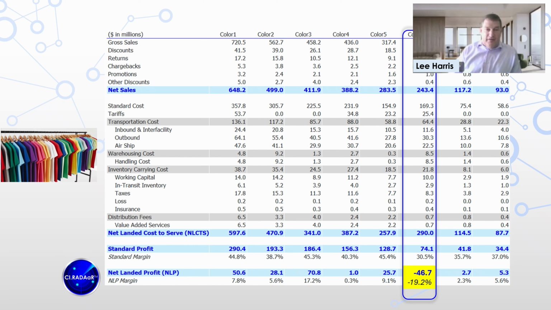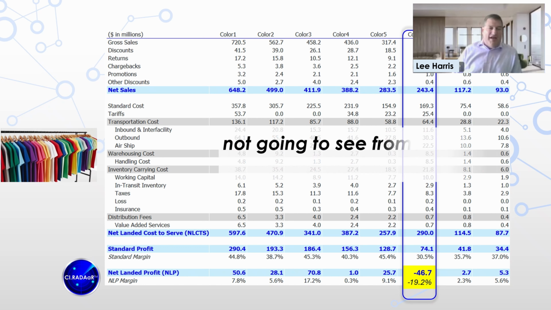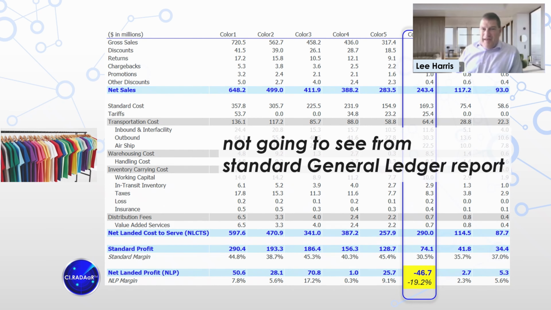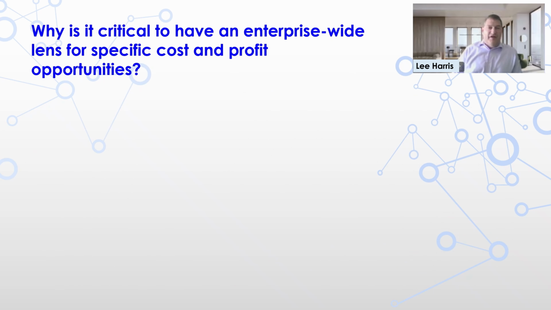So again, this NLP view that you have breaks everything down into a level of detail that you're just not going to see coming out of a standard general ledger report. In addition, once you have all this information, it's really about what can you do to generate more profitability, right?